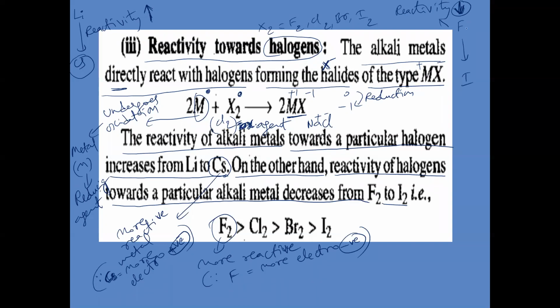Because electronegativity decreases from top to bottom among the halogens. Therefore, the reactivity of halogens will decrease from fluorine to iodine. Whereas among the alkali metals, lithium to cesium, the reactivity increases because the electropositive character increases. So this point we have to understand.